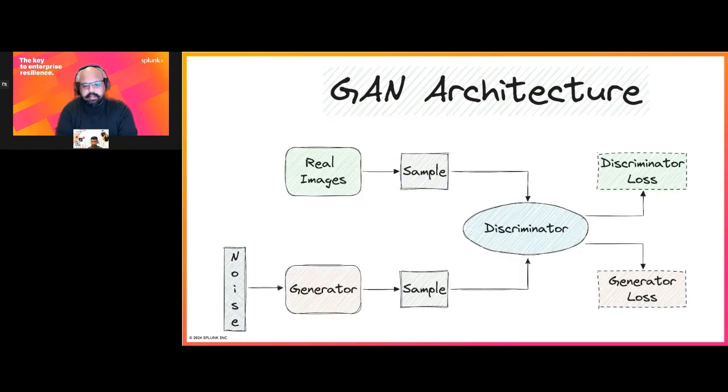The main goal of the generator is to come up with images which look like real images. For instance, let's say we are looking at images of dogs, and the generator wants to create a synthetic image which looks very close to that of a dog. So it may start with some kind of a sketch, and then over several iterations, it improves its output.